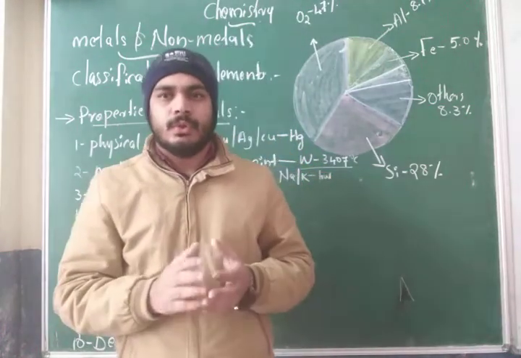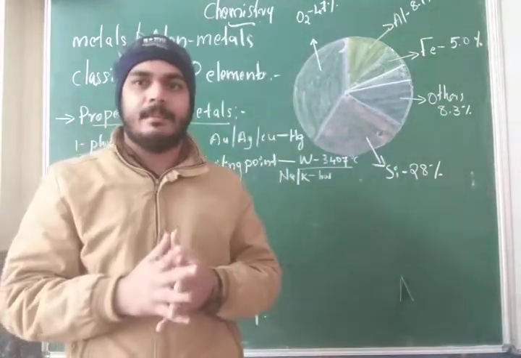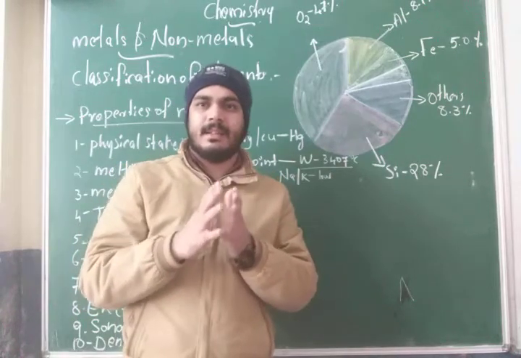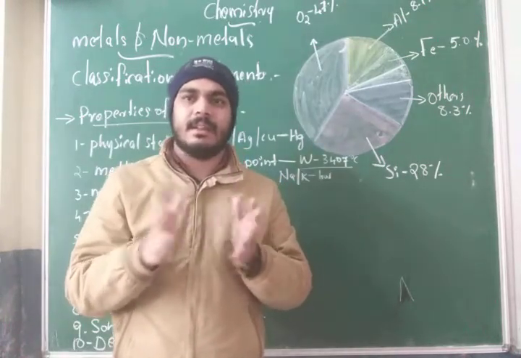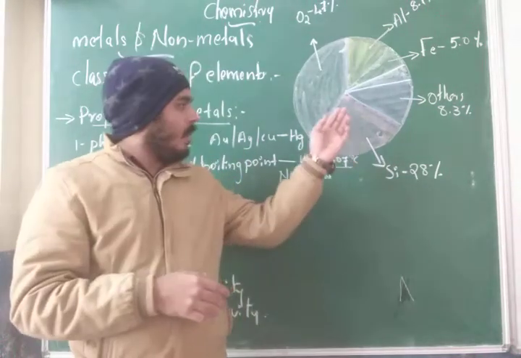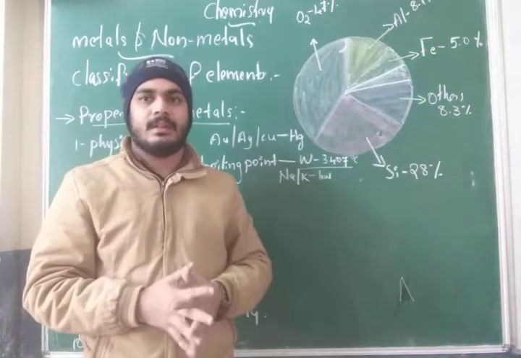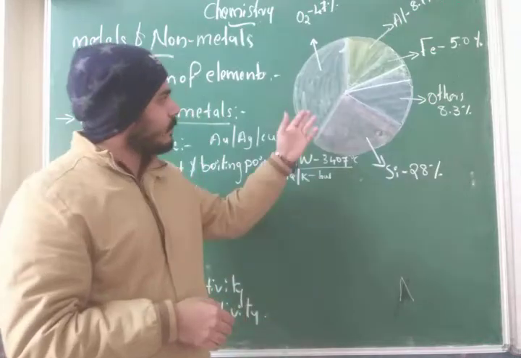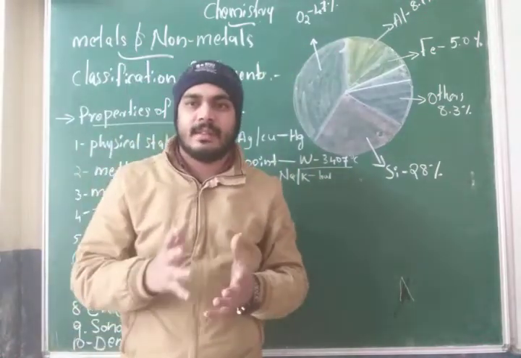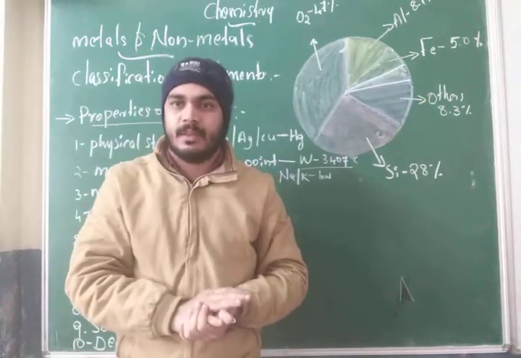Okay. So here I have given one pie diagram. It represents the relative percentage of elements, the metals and non-metals, present in the earth crust. The first one, there is 47 percent oxygen present in the whole earth crust.